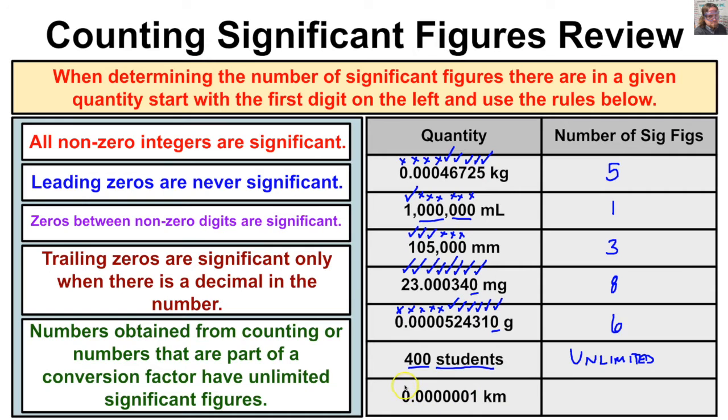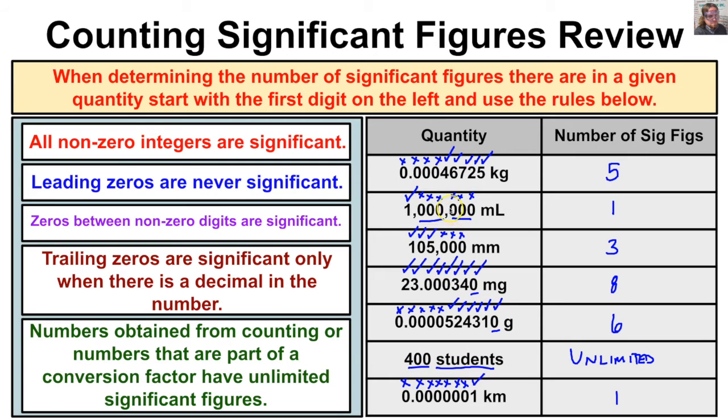Leading zeros are never significant, and the only significant figure in this number would be this 1, so there's 1 significant figure. This is just a review of how to count significant figures. When you're trying to count them, make sure you always start on the left-hand side of the number and work your way from left to right.